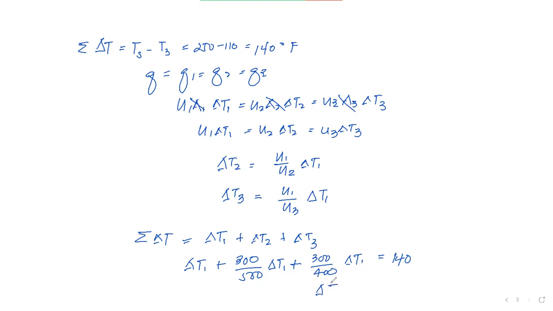So you'll be getting your delta T1 value of 59.57 degrees F. Your delta T2 follows, which is 35.74 degrees F. And your delta T3 is 44.68 degrees F. So you have all the delta T's.